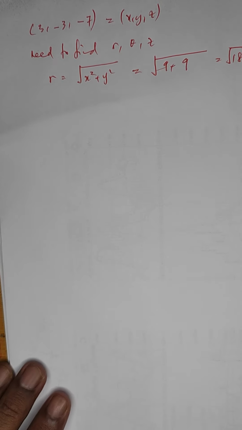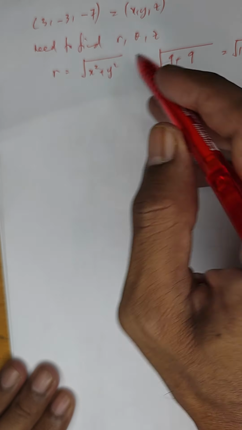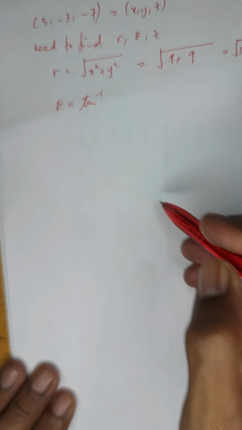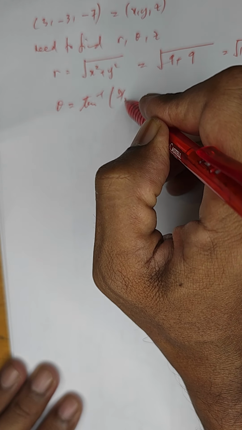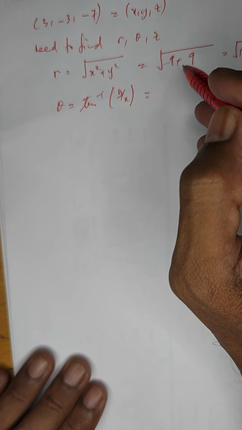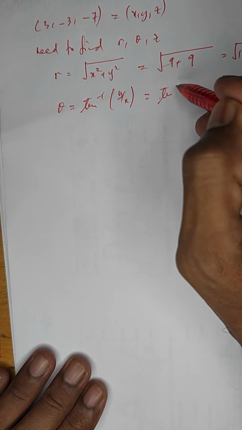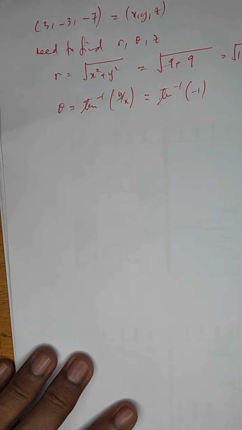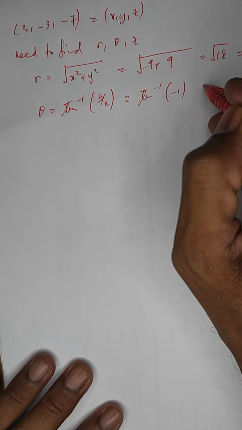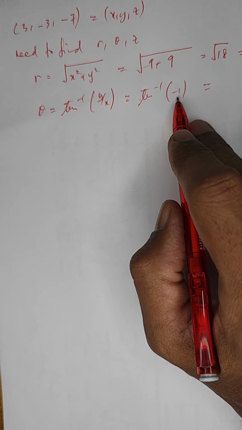Okay, and to find theta, we have theta is tangent inverse of y over x. That gives you tangent inverse of -1.